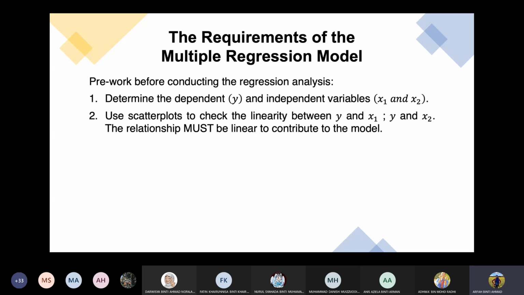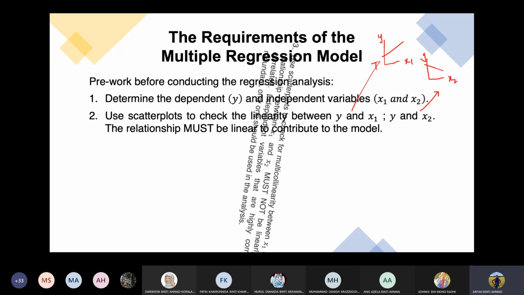The relationship must be linear to contribute to the model. That means awak plot satu-satu. Plot X1 versus Y and then plot X2 versus Y. Dalam dua plot yang berbeza. Sebab kita nak tengok apa efek setiap satu-satu ni makin naik atau makin turun.